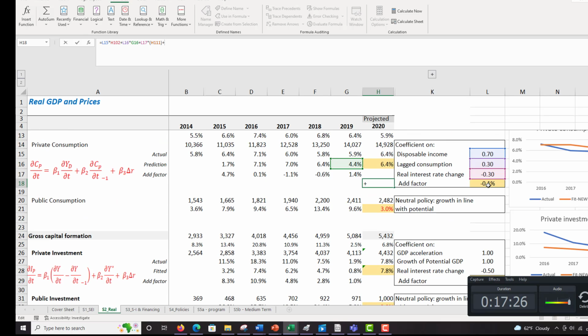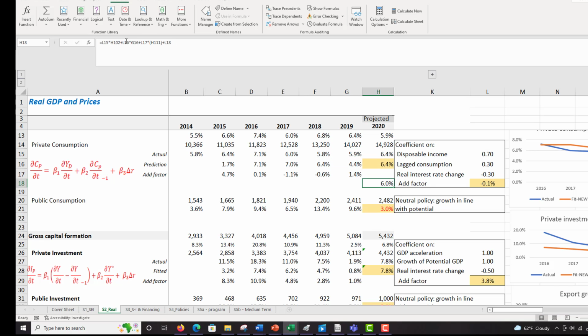Let's go back upstairs, plus our add factor here, and well, we've missed something here. Let's see what we have here. And well, it turns out we made a little mistake here because we were using the lagged predictive value. So let's change that. Let's bring that up here to the lagged actual value, the 5.9%, and you can see that's how we get our 6.4%. So that's exactly what we have in here.